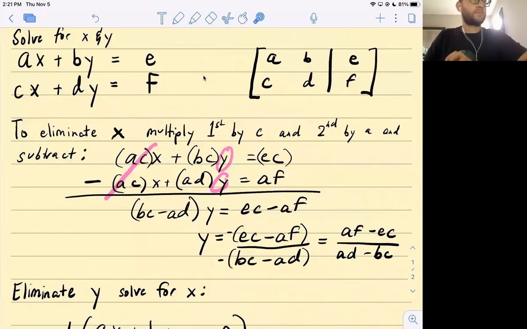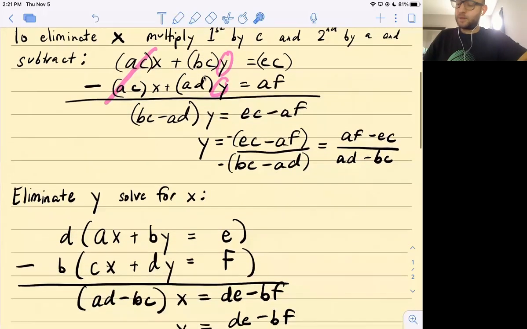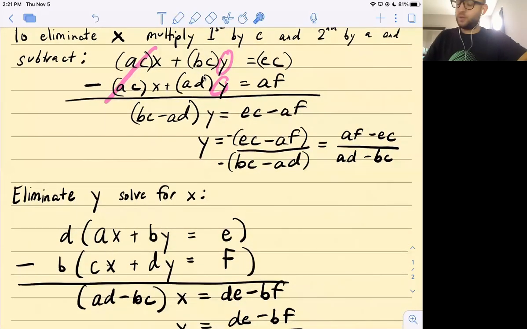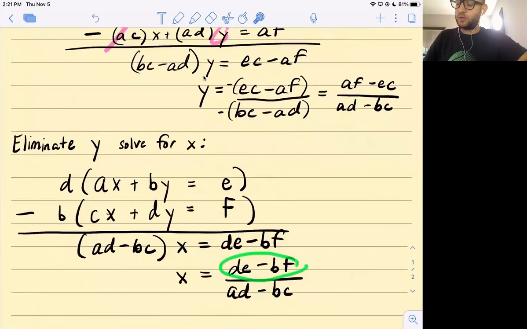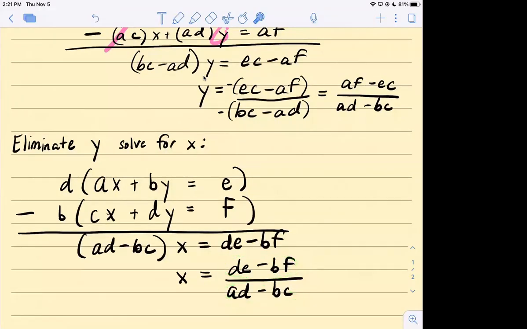Awesome. Okay, just going to address a few more questions here. Allison, how do you know which ones go on top and which ones go on bottom? Do you mean in the final answer, what's on the numerator and what's on the denominator? Yeah, because I got the same letters, but I mixed them up and I'm confused.